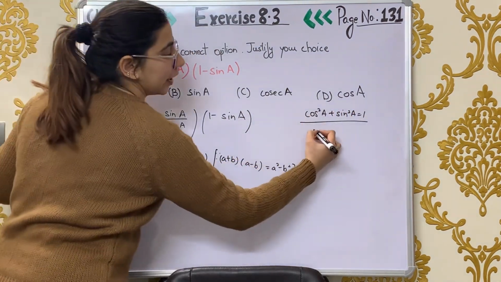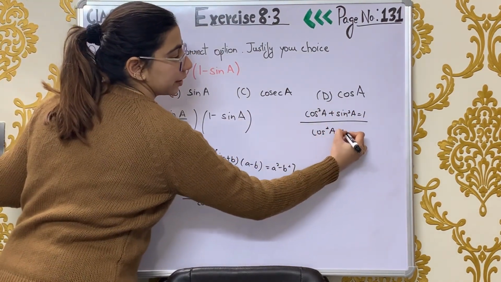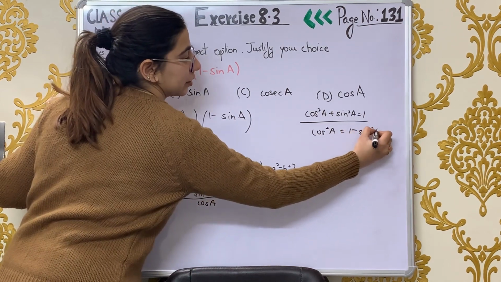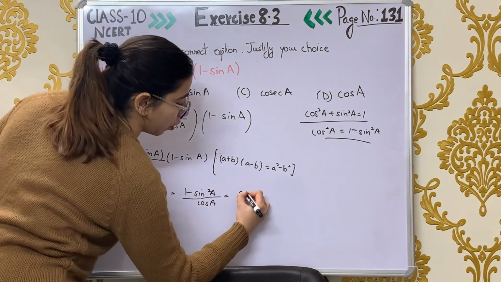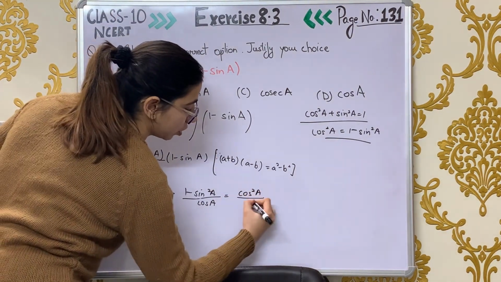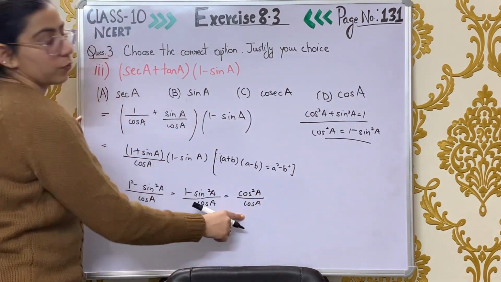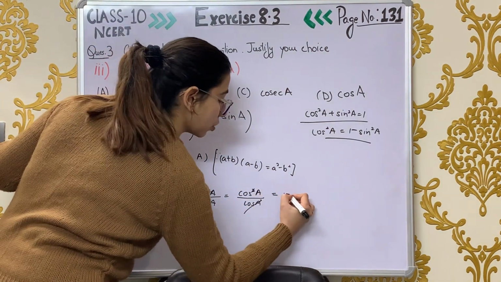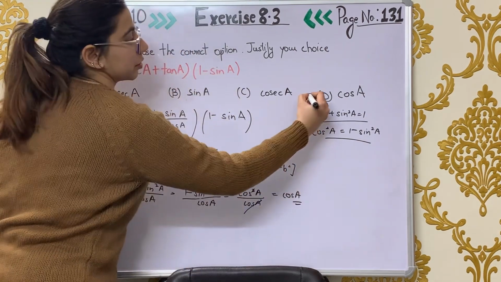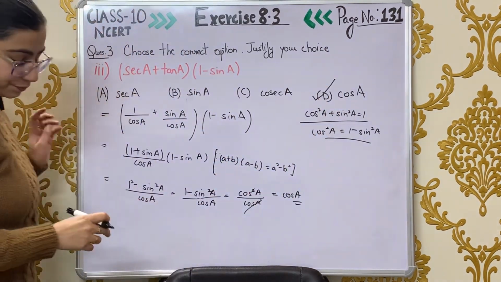So can I write the value of cos square A from here as 1 minus sin square A? Write 1 minus sin square A here as cos square A upon cos A. One cos A gets cancelled and we get our answer as cos A. So the correct option is D.